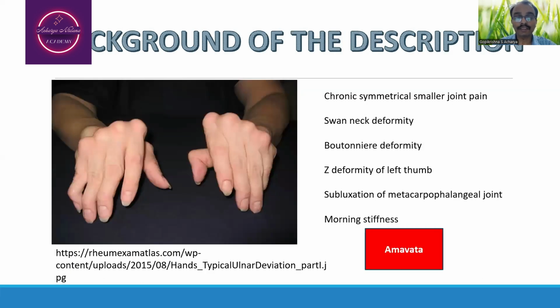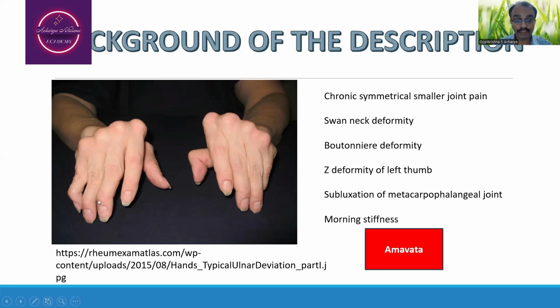These are the deformities that may be observed in a person suffering from rheumatoid arthritis, wherein the illness is of long duration, that is, chronic. Smaller joint affliction and symmetrical joint affliction will be observed, associated with morning stiffness and the swan neck deformity.